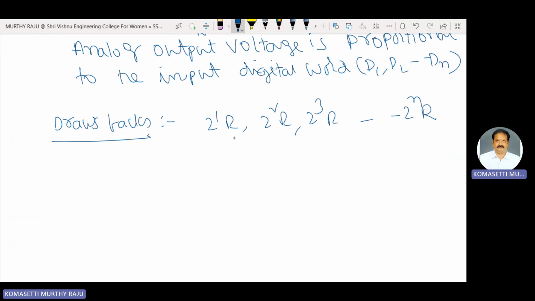The resistors required are 2R, 2 square R, 2 cube R, and 2 power 8 R. Therefore, the largest resistor is 128 times the smallest one.